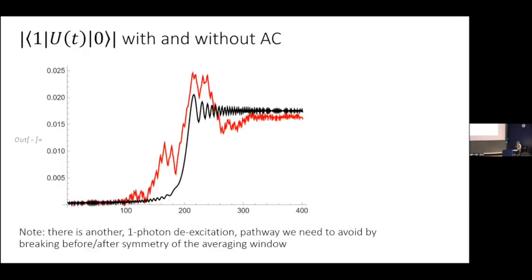Because this is a two-level system, you can just stick it in Mathematica and look at it. This is time. The black line is the usual DC case, and the red trace is the AC case, and you literally see in real time the blips when the system makes the transition.